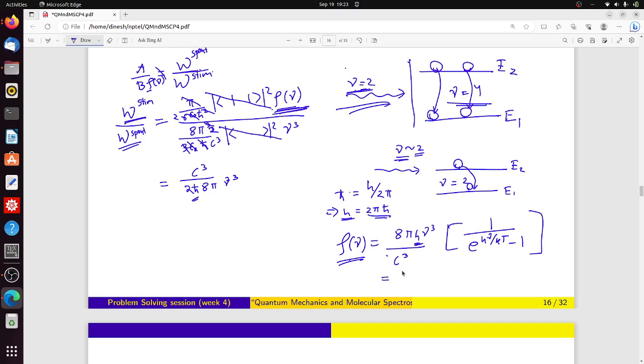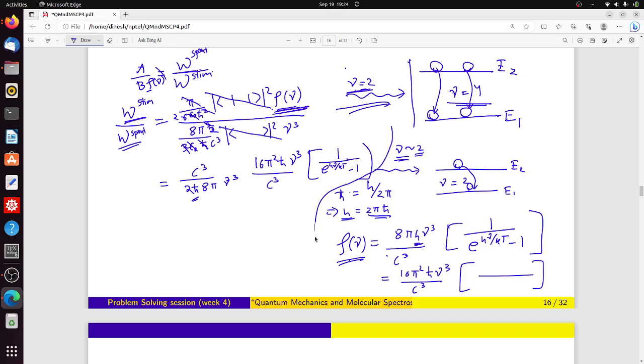So this will be 16 pi square h cross nu cube by c cube and this factor. Okay, so now let's substitute. This will be 16 pi square h cross nu cube by c cube times this 1 by e to the power h nu by kt minus 1.